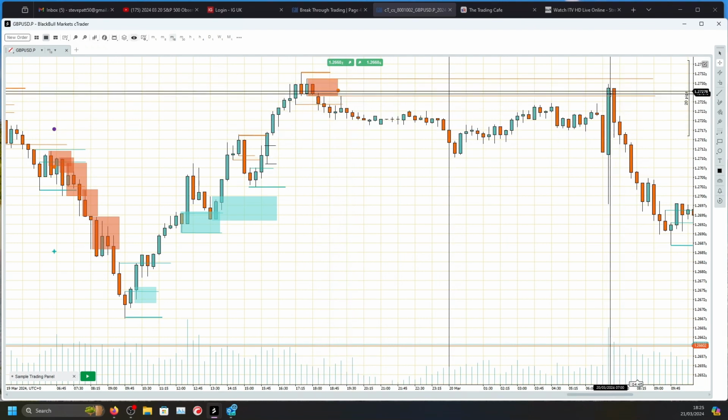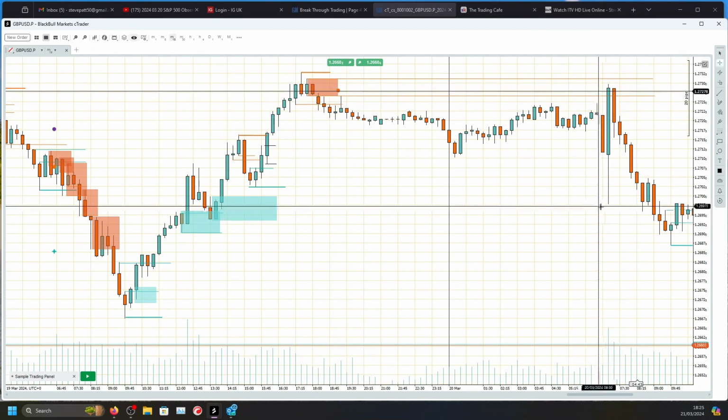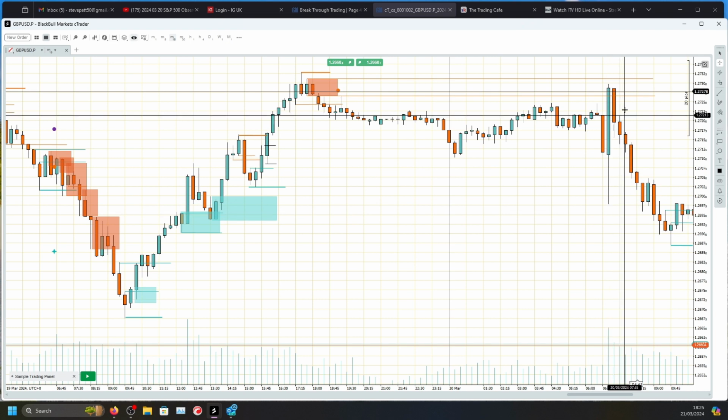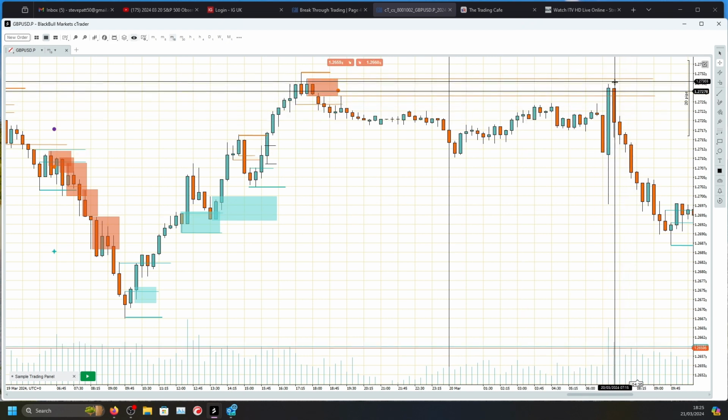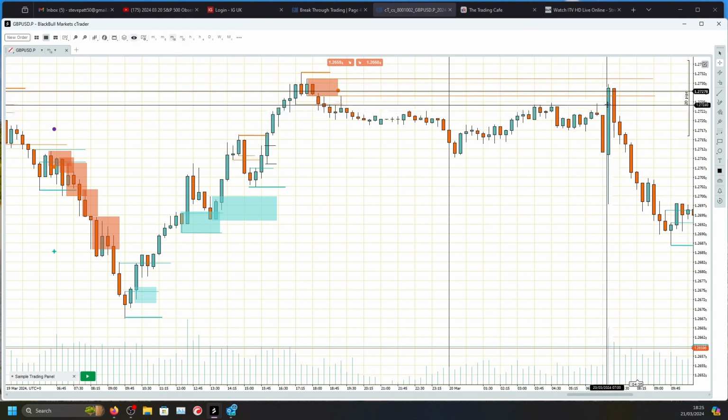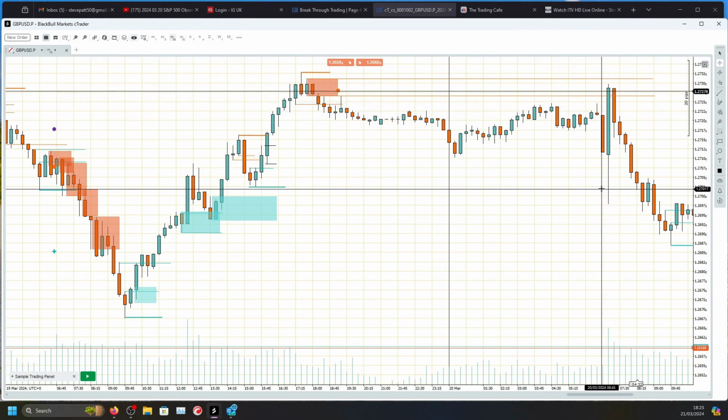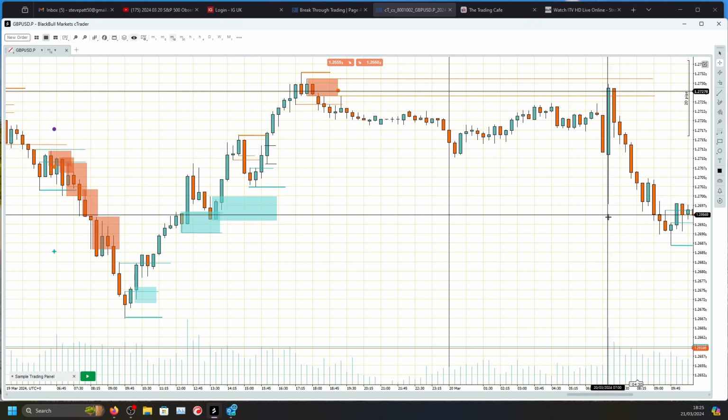It did it here, look. That was 7 AM the next day on news. And quite often during news events, orders will get pulled, and it doesn't take a lot of orders to push price to where there's liquidity.